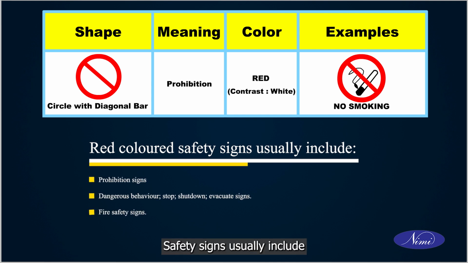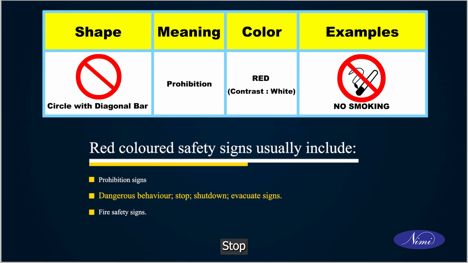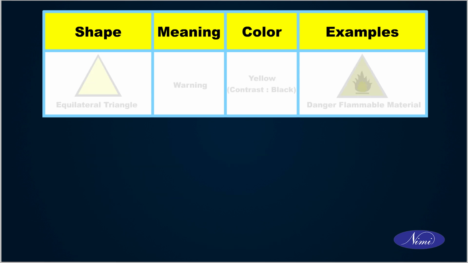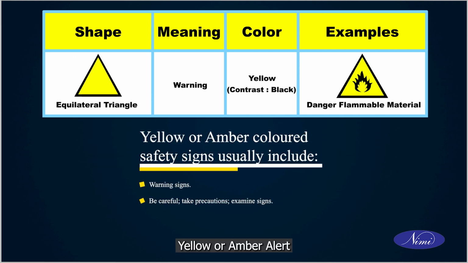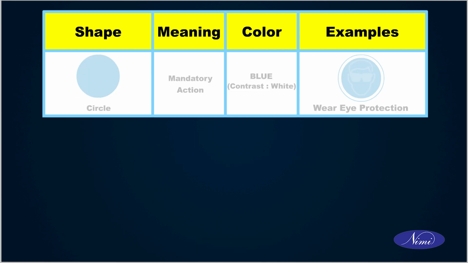Red colored safety signs usually include prohibition signs, dangerous behavior, stop, shut down, evacuate signs, fire safety signs. Yellow or amber colored safety signs usually include warning signs, be careful, take precautions, examine signs.